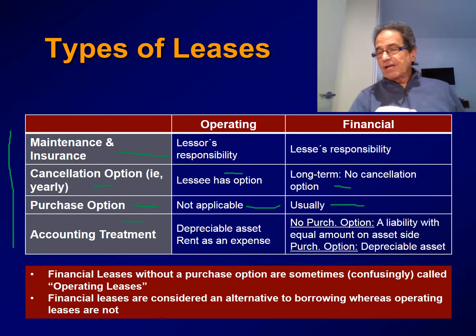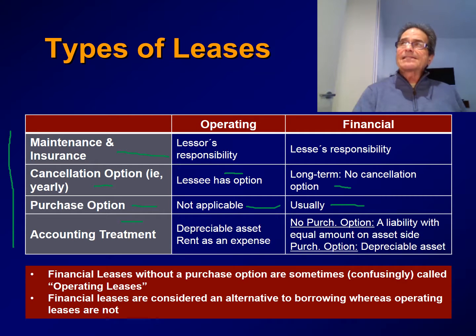In the case of the purchase, we have a purchase option. Well, the asset is considered as being property of the lessee from the start, and the depreciation applies from the start. So the depreciation is tax deductible.